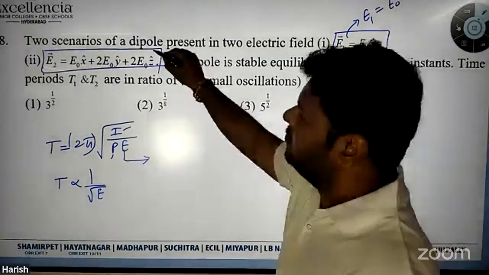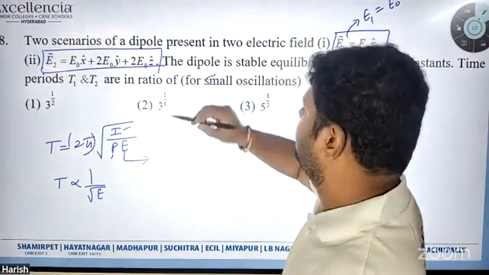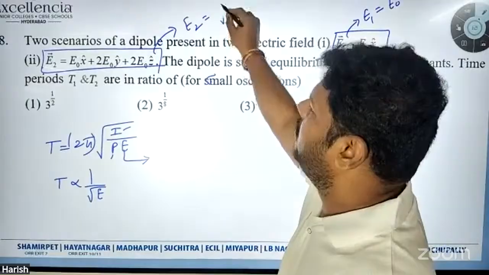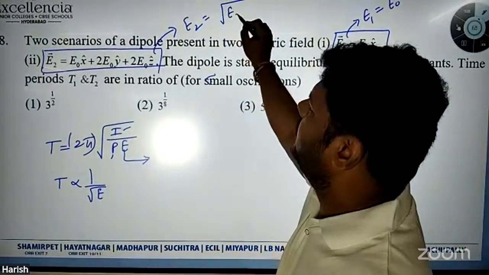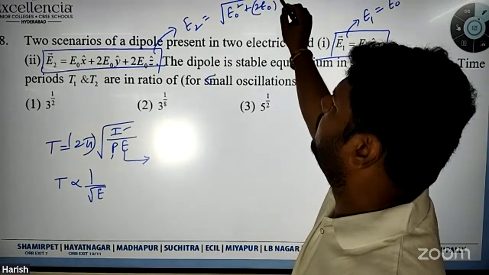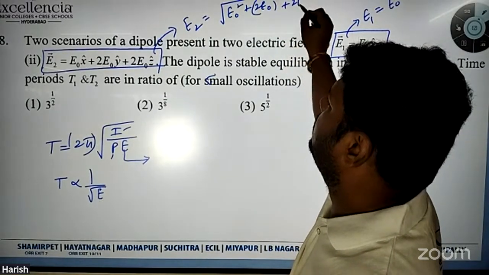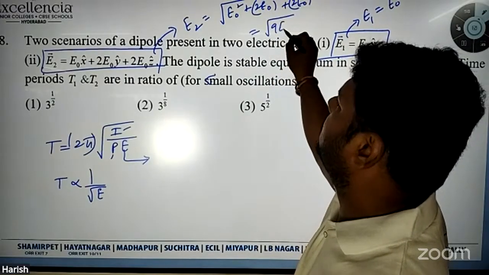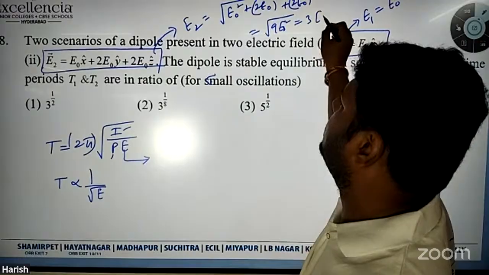The magnitude of E2 will be equal to under root of E naught square plus 2 E naught square, which is root 9 E naught square, which is 3 E naught.